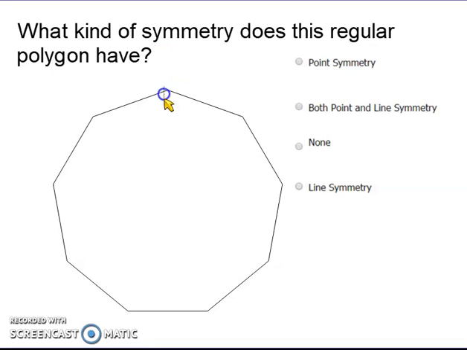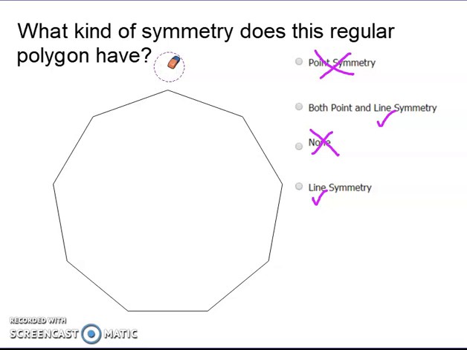If I take my pen and I draw a line from the top straight down, if I were to fold my paper along that line, it would make equal halves. So automatically, yes, it does have line symmetry. So I'm going to get rid of choice A and C because it has to have line. There's at least one line. I'm not worried about how many, but there's one line, so it has line symmetry.